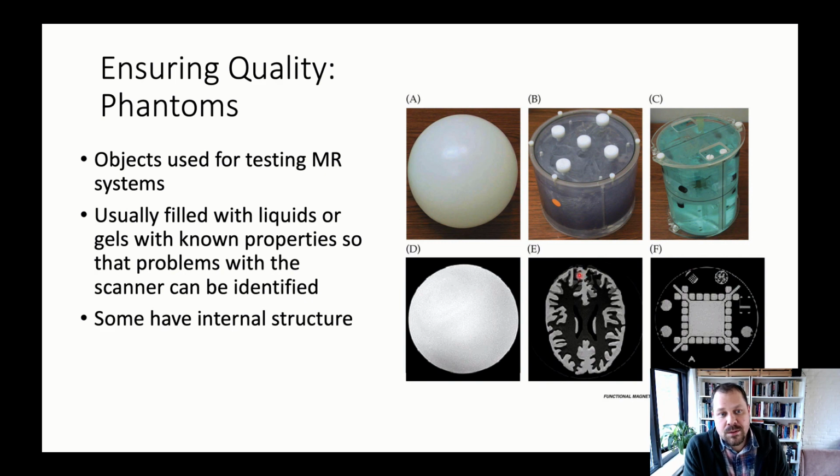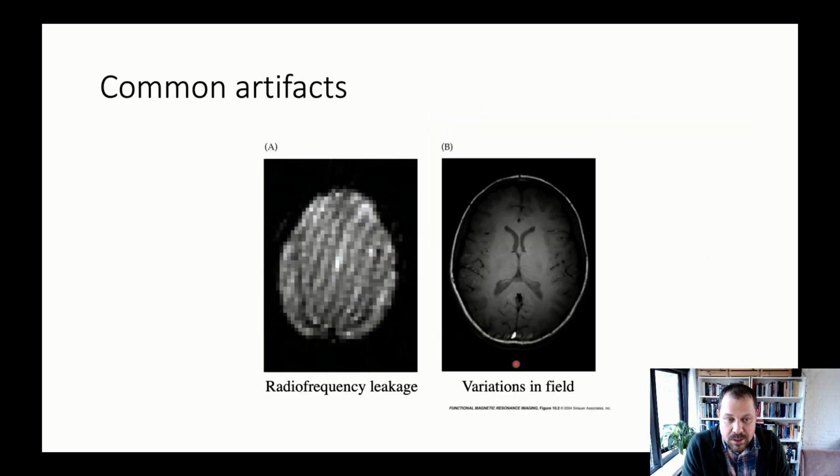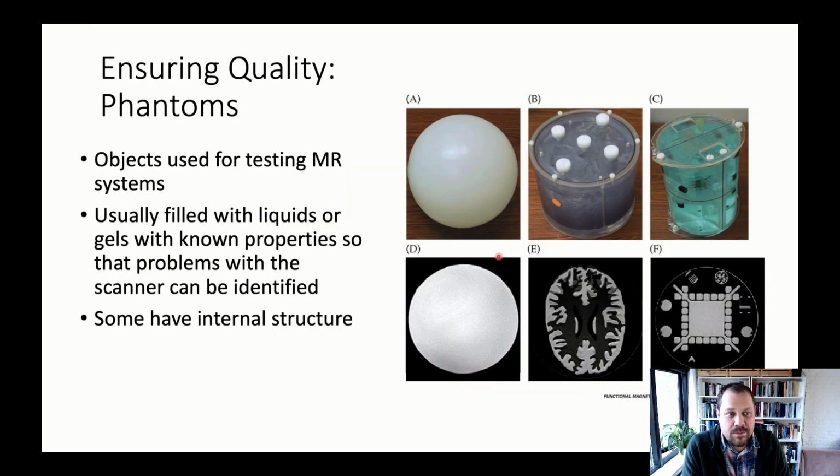And the easiest way to do this is by taking one of these fluid-filled phantoms, placing it in the scanner where the head usually goes, and then taking a number of recordings from the scanner to see if everything looks as expected. And if it doesn't, then you see images like this, and then you know something's going wrong and you can quickly find the problem and fix it. So there is a lot of quality control going on, and actually that occurs daily at our scanner here.